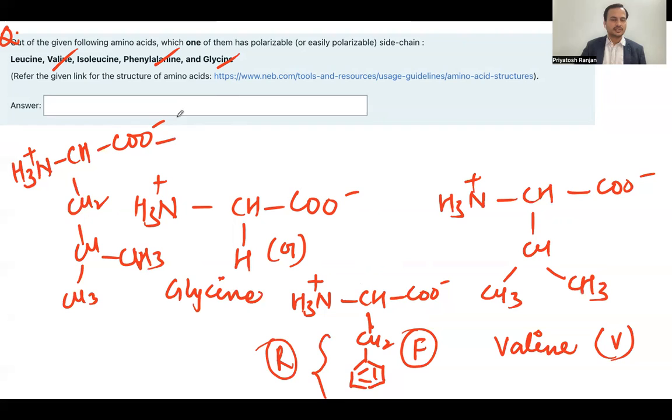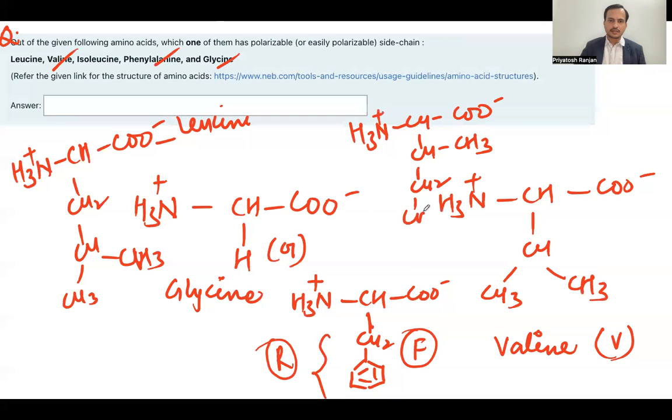So this is for leucine. How about the isoleucine? It's similar to the leucine structure. Simple. If you all can look at these structures, it's a simple thing.